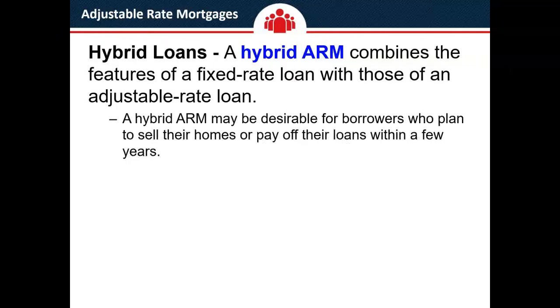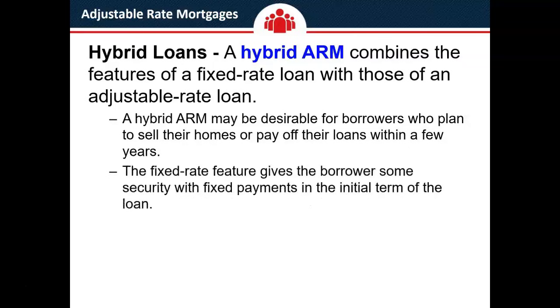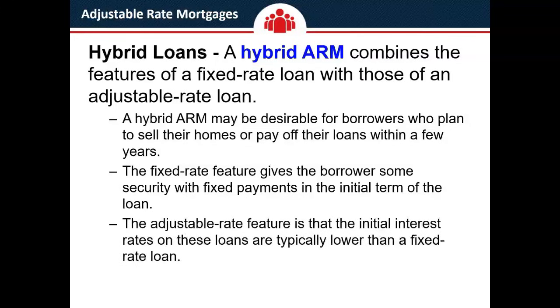A hybrid ARM may be desirable for borrowers who plan to sell their home or pay their loan off in a few years, because it starts with a lower payment normally, which is the adjustable, but then it's going to convert to fixed. The fixed feature gives the borrower some security with a fixed payment in the initial terms of the loan. The adjustable rate feature and the initial interest rate on these loans are typically lower than the normal fixed rate.